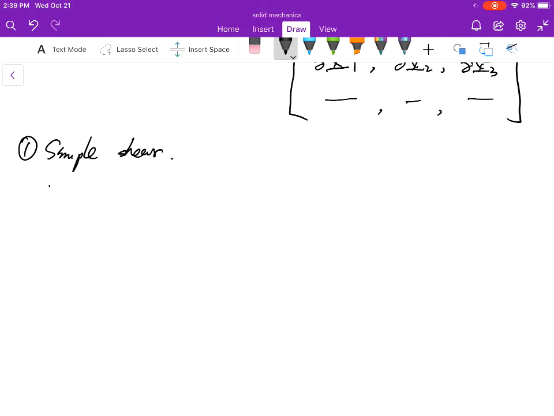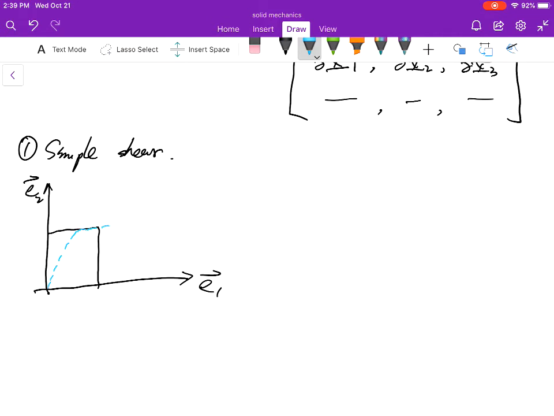Let's consider a 2D case where we have a coordinate E1 and E2, and we have a material originally in this shape, and then we apply a pure shear, so the material becomes like this, and we define this length as gamma, and this line is 1.